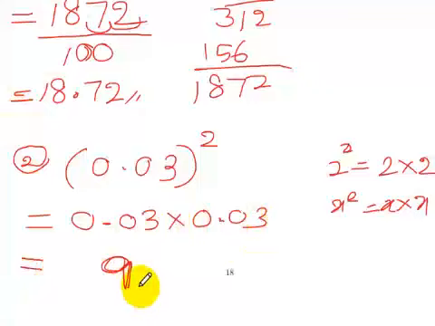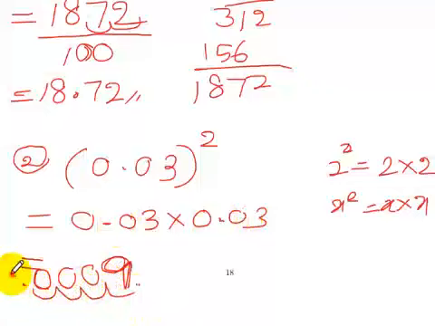So the decimal point shifts 4 decimal places to this side, so no value here. So you can add some zeros in front of the whole value, right? So I count 1, 2, 3, 4 here. The decimal place should come here.